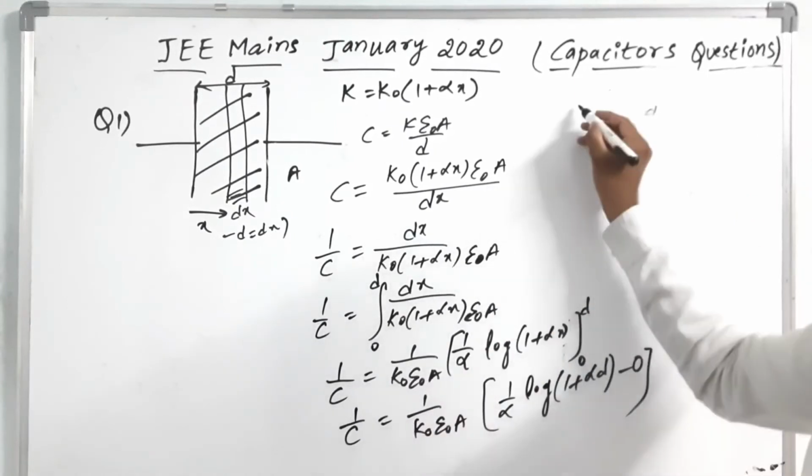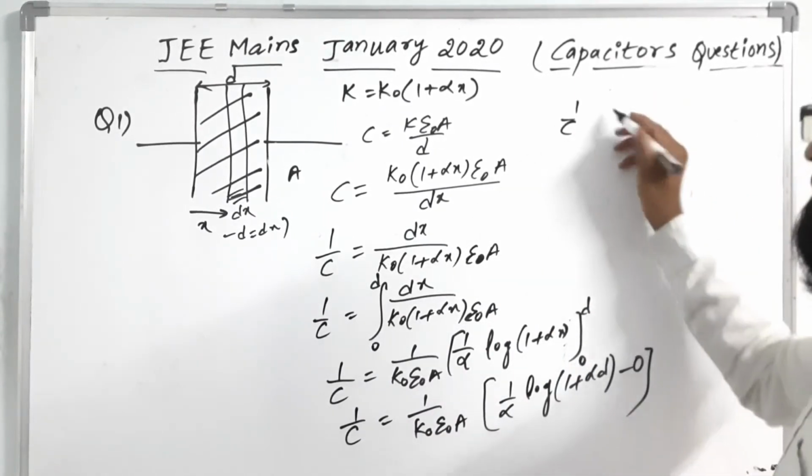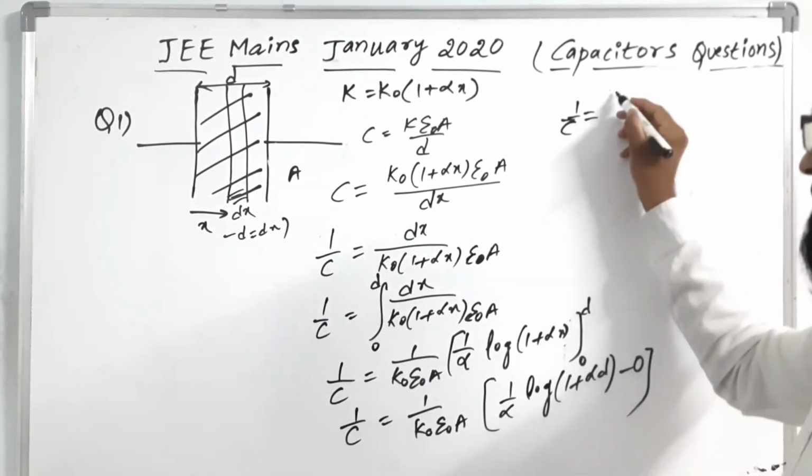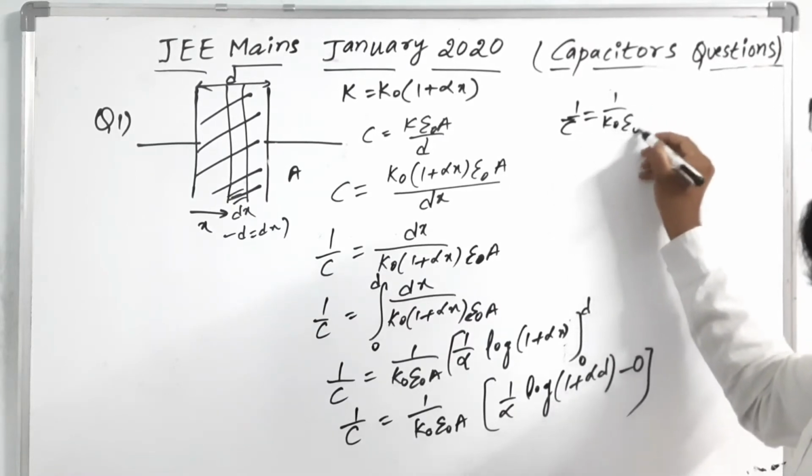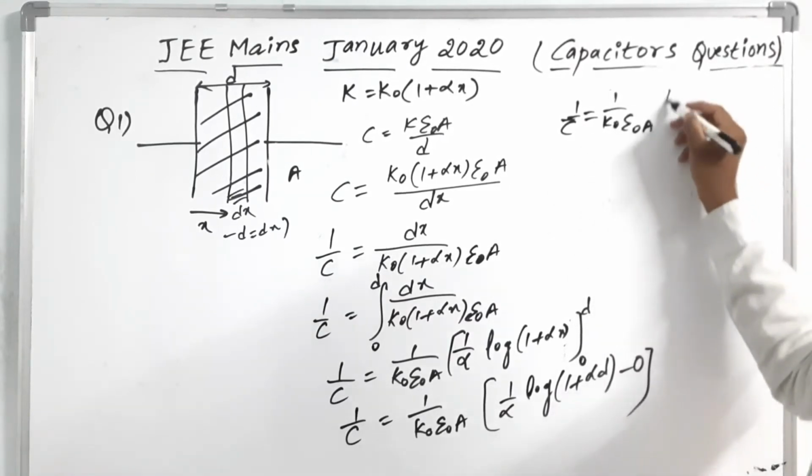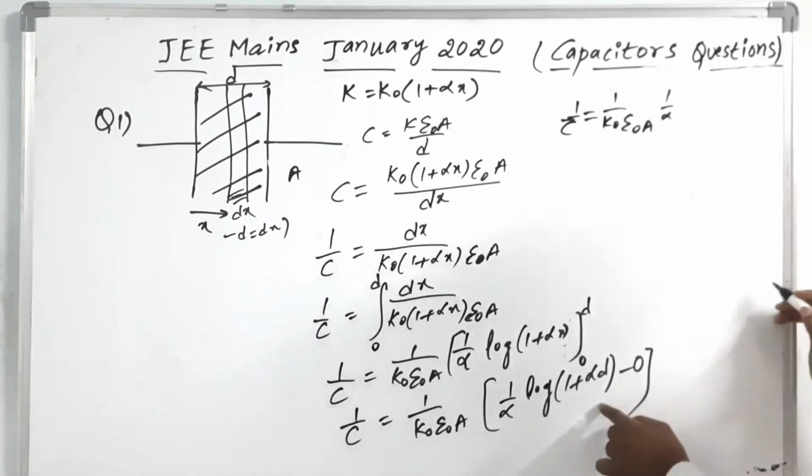After that, 1 by C is equal to 1 by K naught epsilon naught A, times 1 by alpha, and here log of 1 plus alpha d.